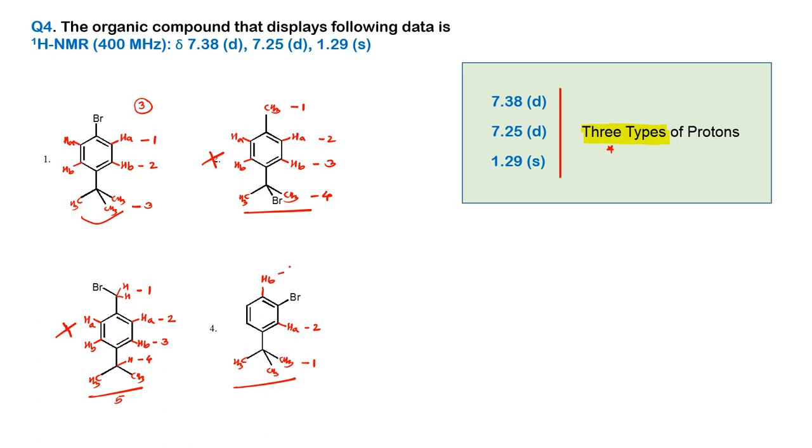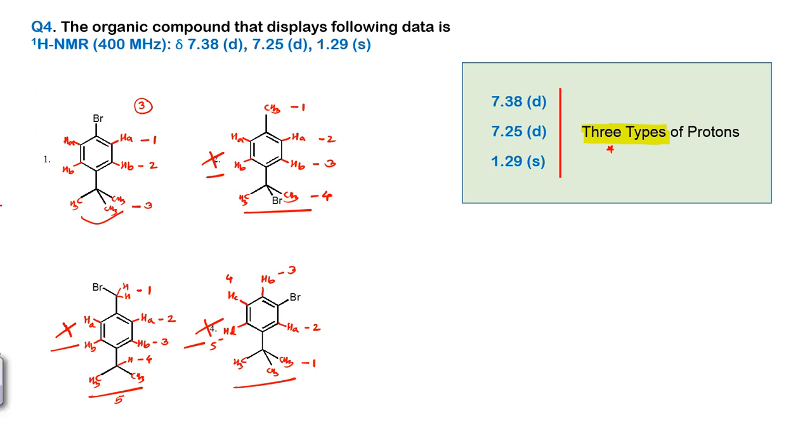This will be the third. This will be the fourth kind of proton, and this will be the fifth. So in this case also we'll have five kinds of protons, and therefore this will not be the expected answer. So indirectly we have ruled out the three possibilities: the second, third and fourth.